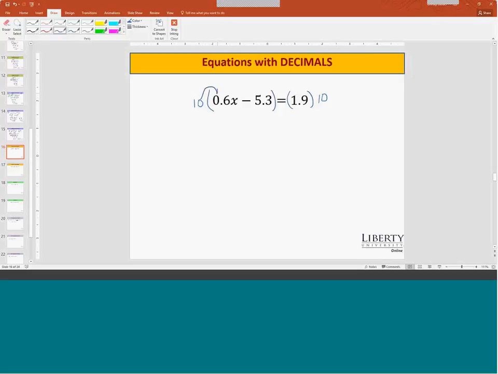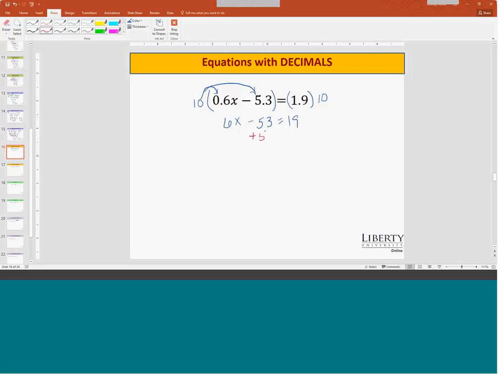When you multiply both sides by 10, it's going to eliminate your decimals. It doesn't change the value of x because you've done the same thing to both sides, and so it keeps your equation balanced. So you have 6x minus 53 is 9.